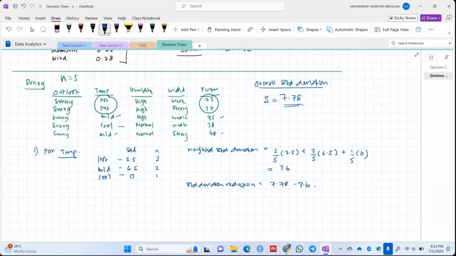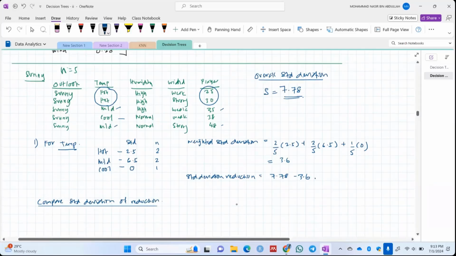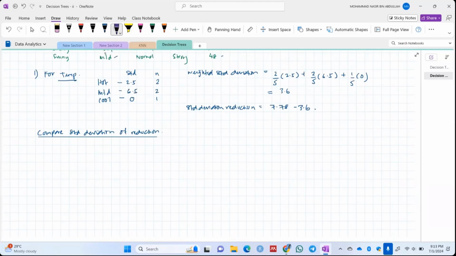Next we compare the standard deviation reduction. Assuming you already calculated for humidity and wind, I'm giving you the final calculation.